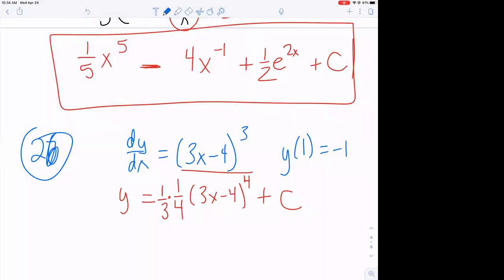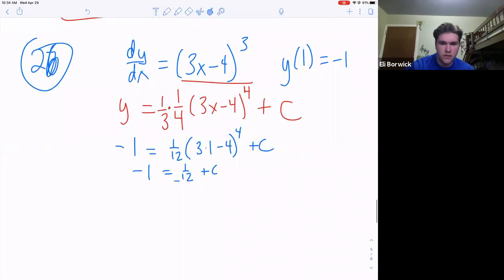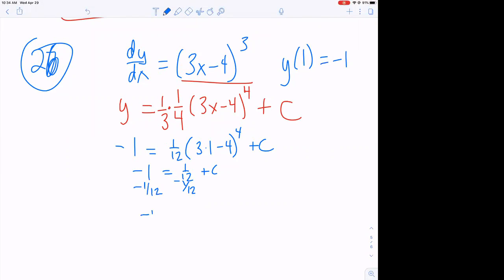So then I'm going to plug a negative 1 in for y. This is 1/12. I'm plugging in a 1 for x plus c, but 3 minus 4 is negative 1 to the 4th is still just 1. So negative 1 equals 1/12 plus c, and you subtract a 12th. So negative 13/12. Ew. That's gross.